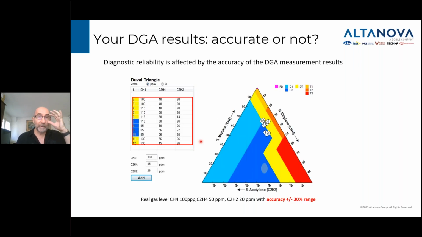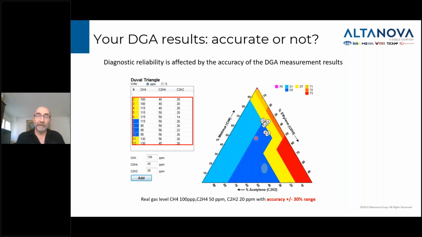Here's another example visually of what will happen if you move from a low accuracy system to a high accuracy system. Here we have the optimal measurement of the different gases: methane, ethylene, and acetylene. We use a system that has an accuracy of plus or minus 30%.